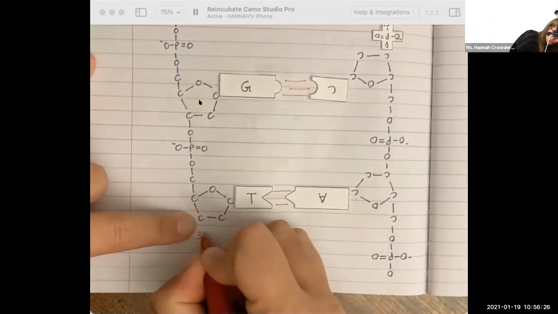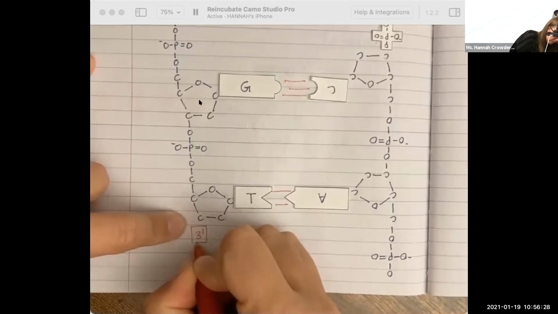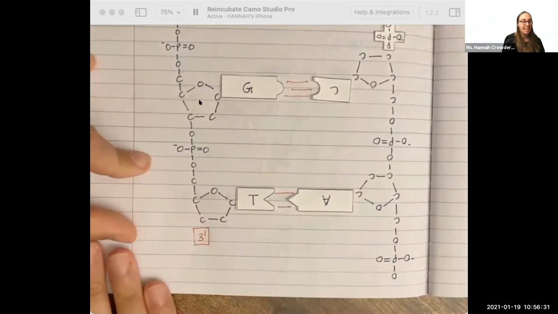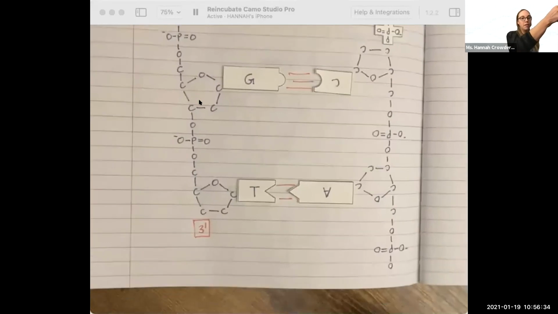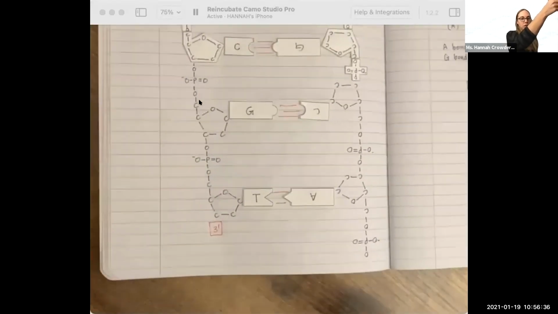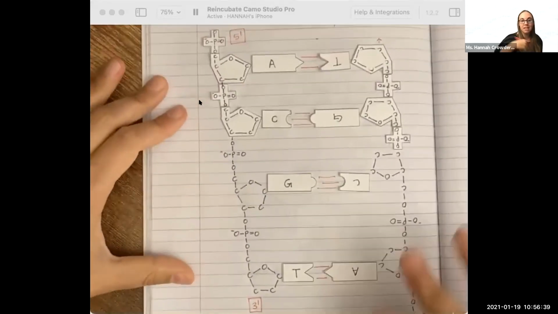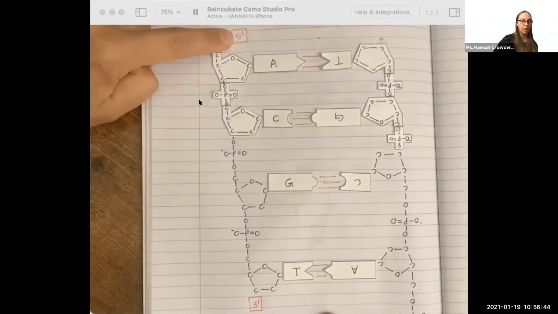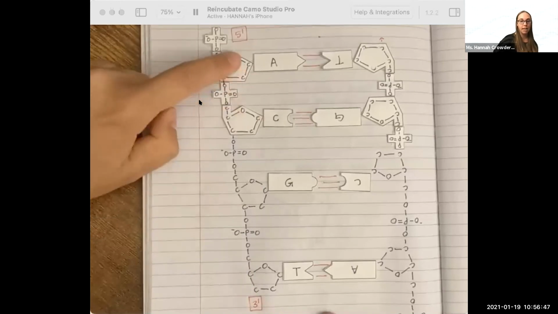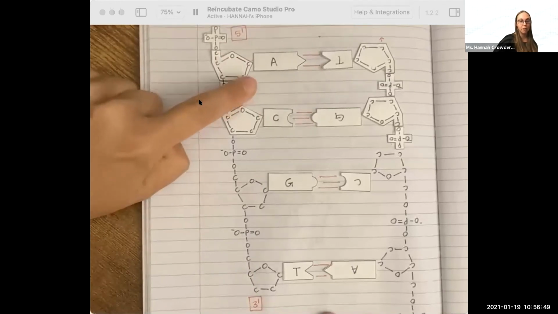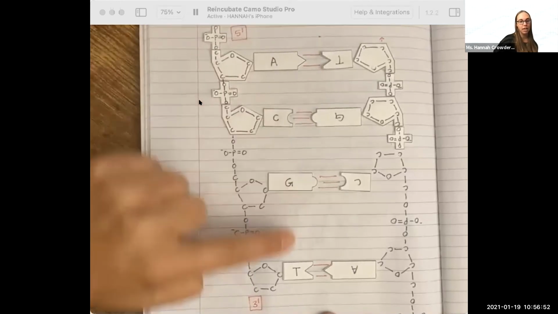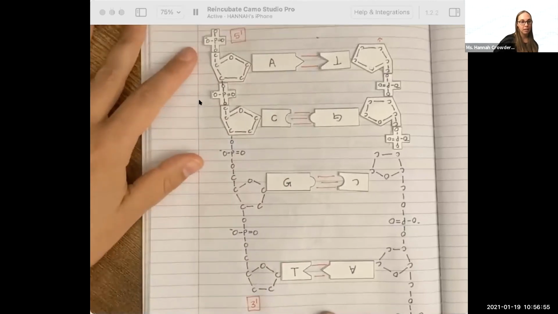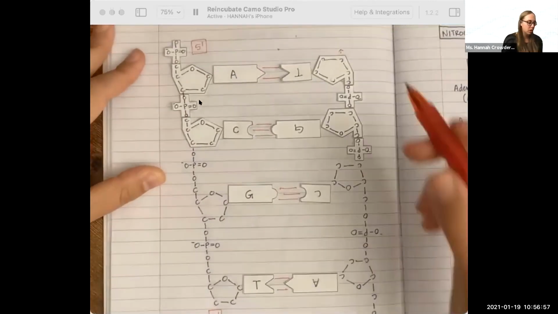This is going to be my 3' end. And this is important because DNA is always read from 5' to 3'. So when I'm giving somebody a sequence of DNA, I'm always going to go from 5' to 3'. So if I'm reading this sequence of DNA on this strand, I'm going to read it as A, C, G, T.